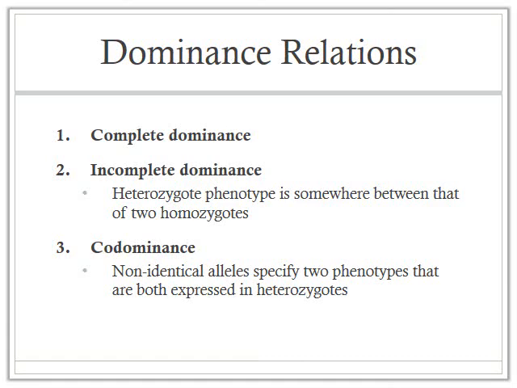We have something called codominance, where non-identical alleles specify two phenotypes that are both expressed in heterozygotes. So that is a very complex answer, but I'll try to break this down and we will definitely see an example. One of the big ones here is our blood type. You can have the blood type A and the blood type B. Both of them are codominant.